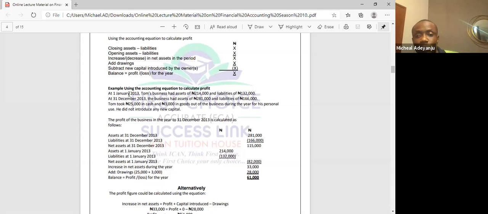At 1st January 2013, Tom's business had assets of 214,000 and a liability of 132,000. At 31st December 2013, the business had assets of 281,000 and liability of 166,000.